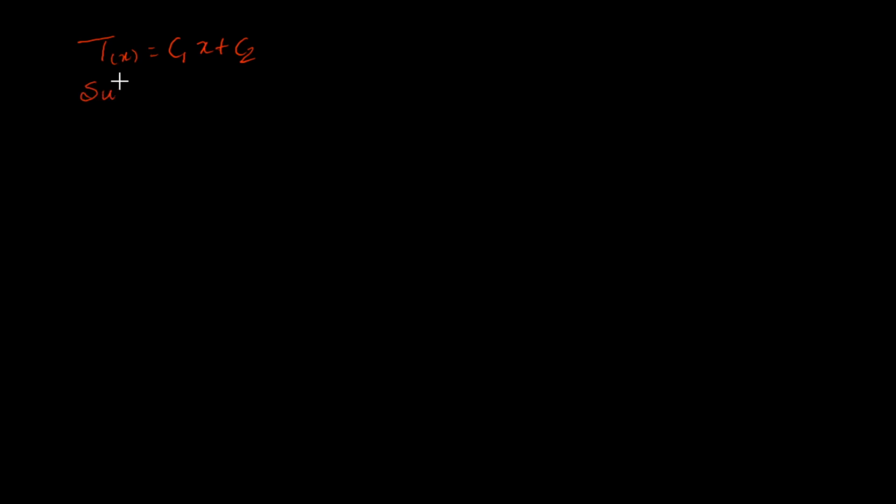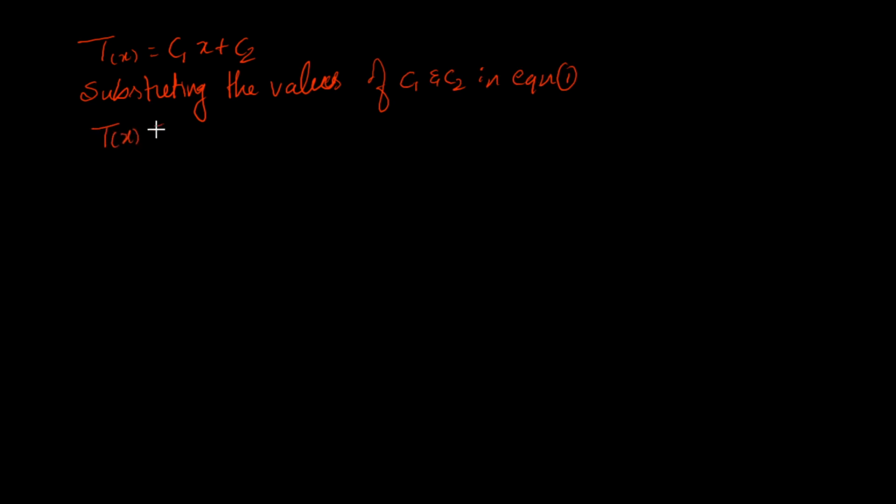Now substituting the values of C1 and C2 in equation 1, we get T of x, that is temperature at any point x, will be equal to C1 is T2 minus T1 divided by L into x plus C2 is T1.